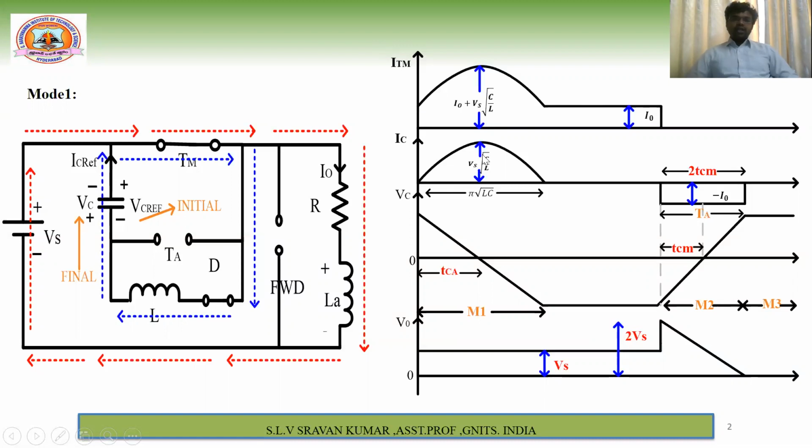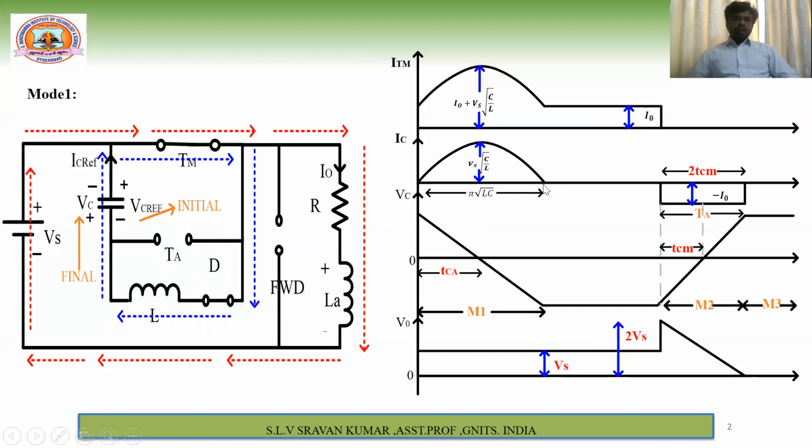How we get Vs into root C by L, just refer to Class B commutation; I already derived it in your notes, so you can check it once. This will last right up to this point, which is nothing but pi root LC.